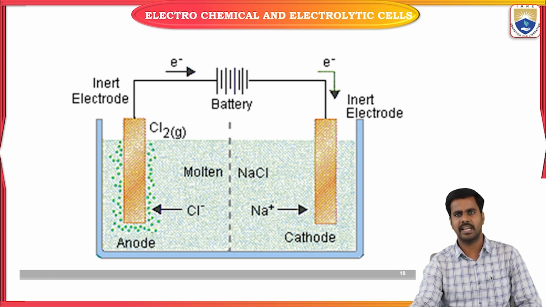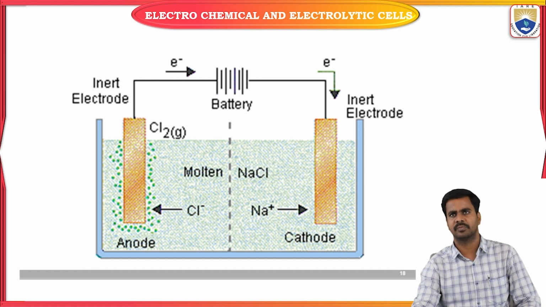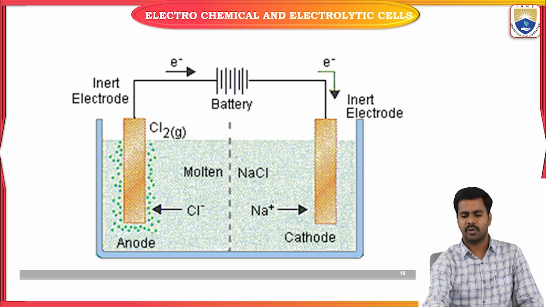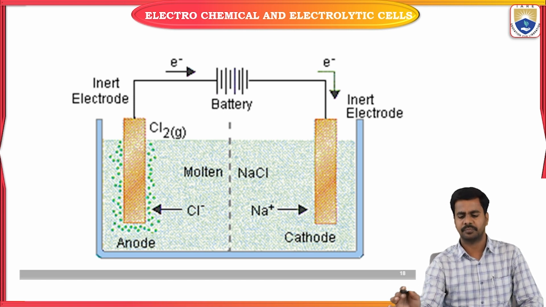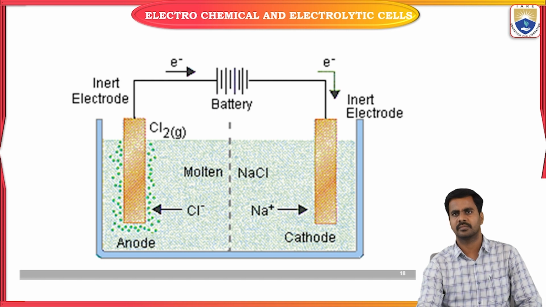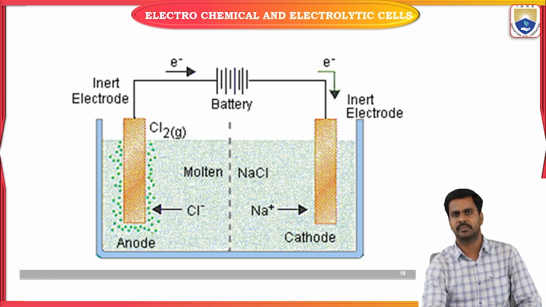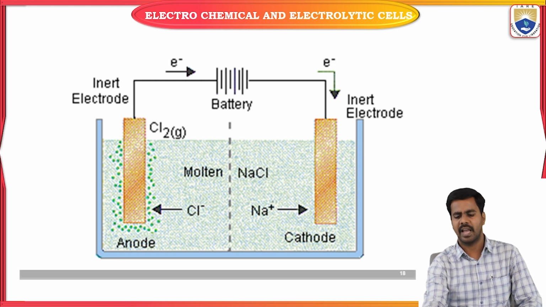When a battery is connected between these two electrodes, in the presence of current, sodium chloride NaCl dissociates into Na+ and Cl-. Electrons pass towards the cathode, and these electrons are gained by the Na+ ion, which is deposited as Na at the cathode.